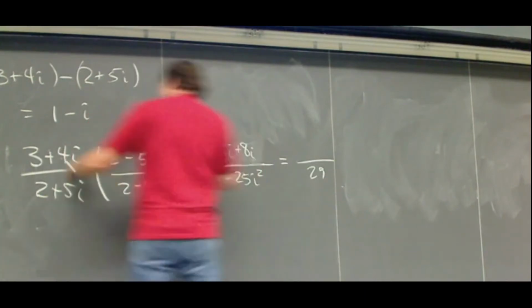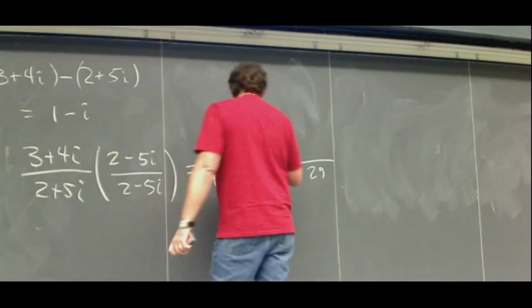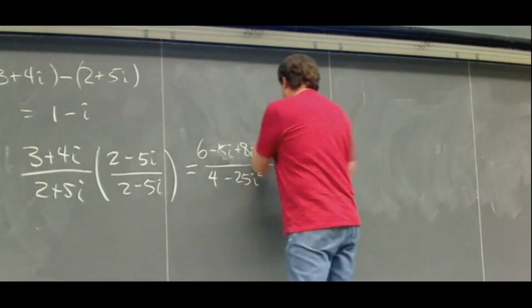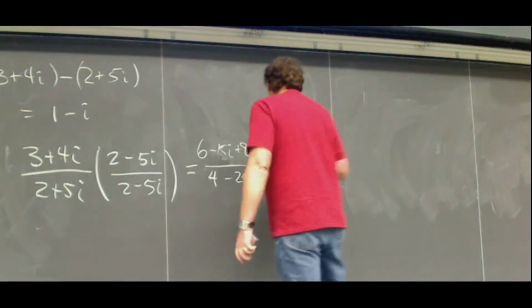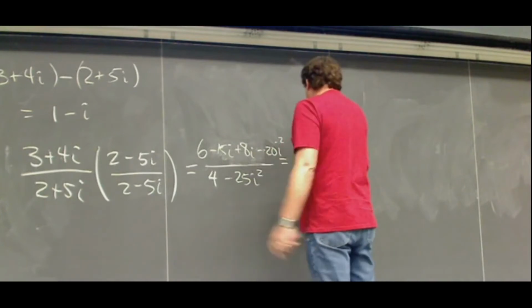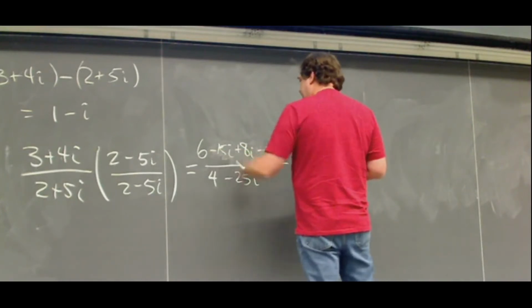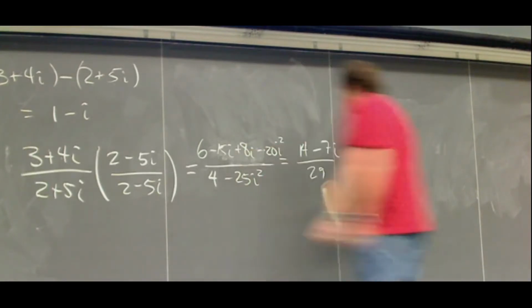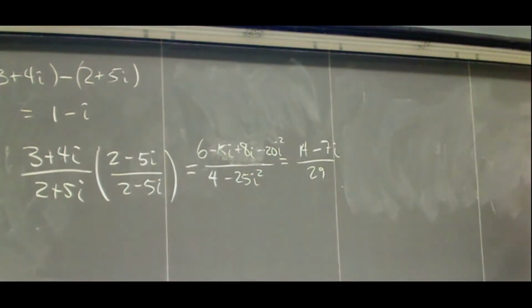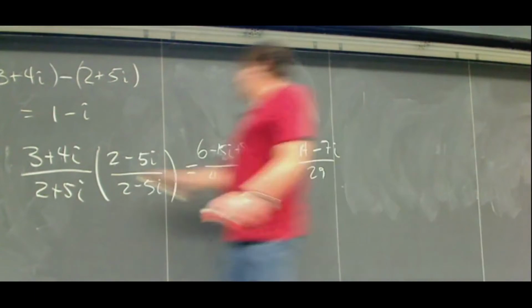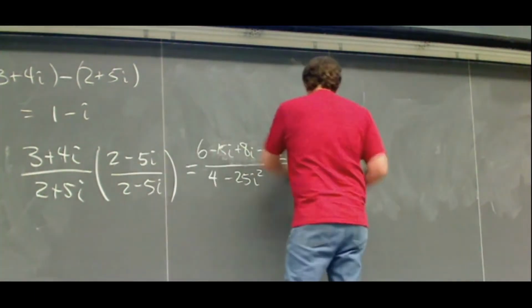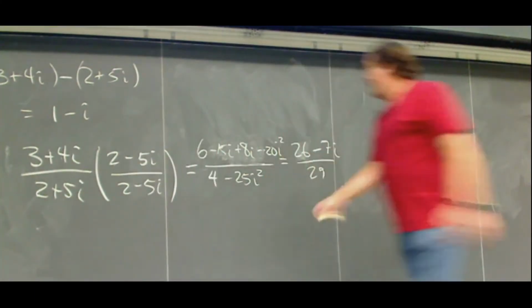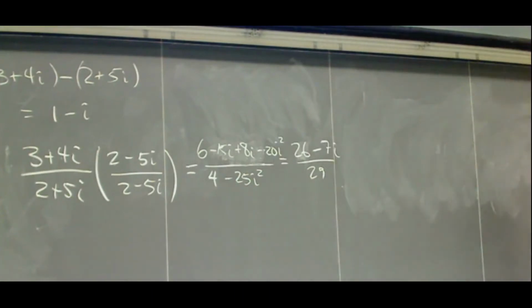And here I get 20. How about minus 20i squared, just to be consistent? And so 6 plus 20 is 26, and negative 15 plus 8 is negative 7. Isn't it plus 1? Yeah, probably. 29, just like I said. Yeah, thank you.